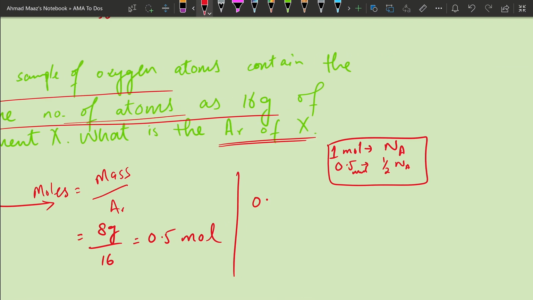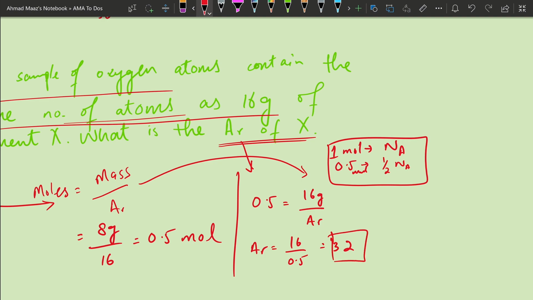So we know that it should have 0.5 moles and the mass given is 16 grams, and we need to calculate the AR, coming from the same formula. So AR will be 16 divided by 0.5, that is 32. 32 will be the relative atomic mass of element X. That I guess is sulfur, right?